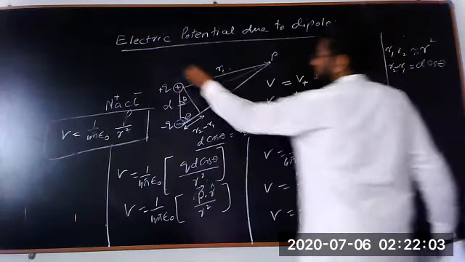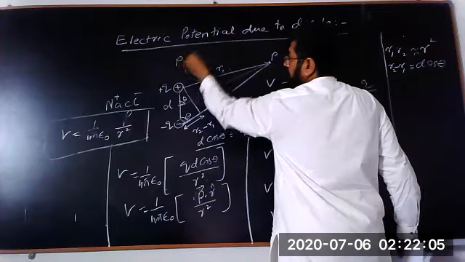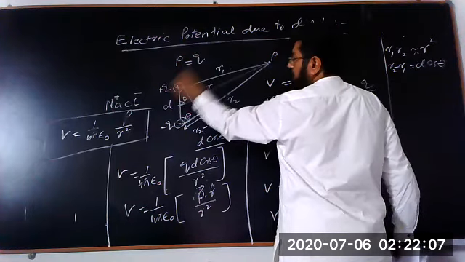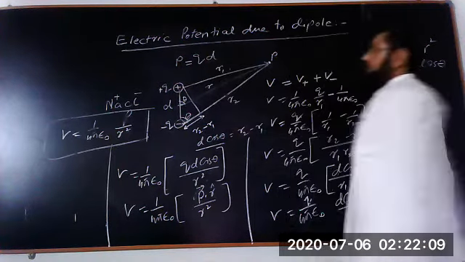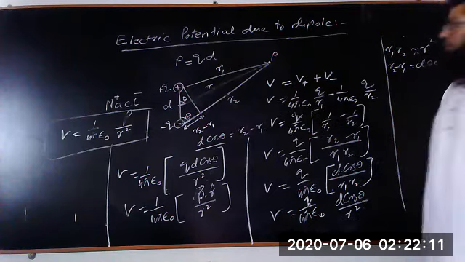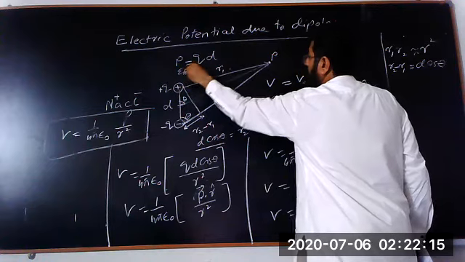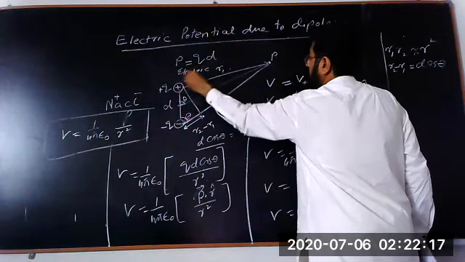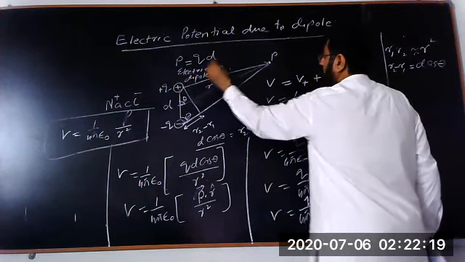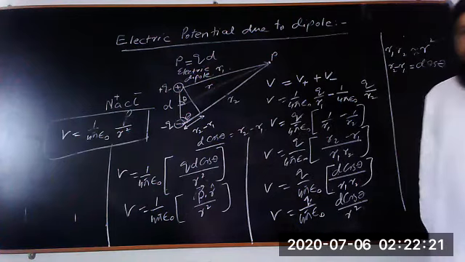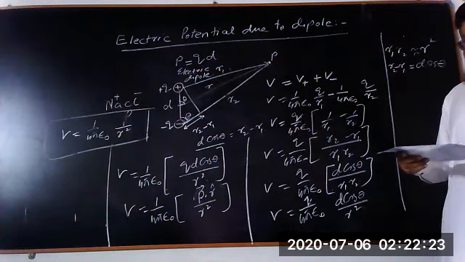Any charge multiplied by the separation is the electric dipole P. So this is what we have done.